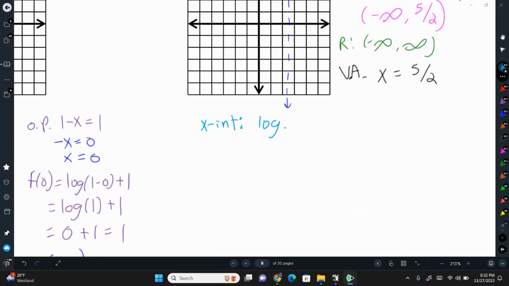So log base 5 of 5 minus 2x plus 1 is equal to 0. We again need to make this log by itself, so we're going to subtract 1 from both sides. So log base 5 of 5 minus 2x equals negative 1.